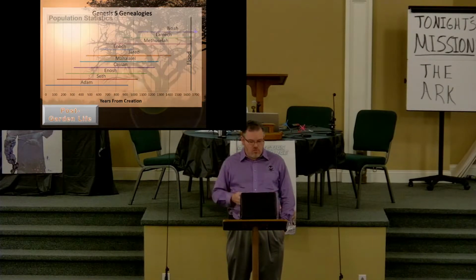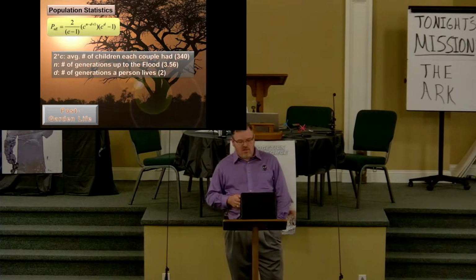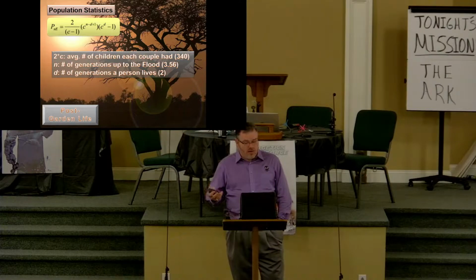So if we assume people lived on average, say 900 years, and women continued having children for roughly the first half of their lives, as they do today, keeping in mind they may have been able to have kids much longer, 800 years or something, instead of, say, 450. If they started having children at the conservative age of 25, and we assume that people live long enough to see all of their grandkids, so they live 2 generations.